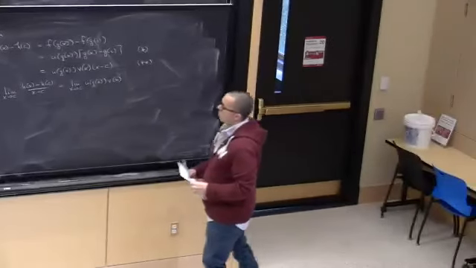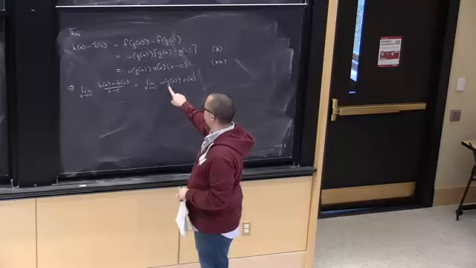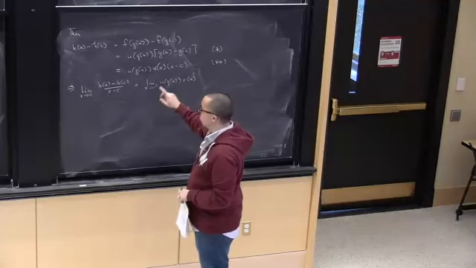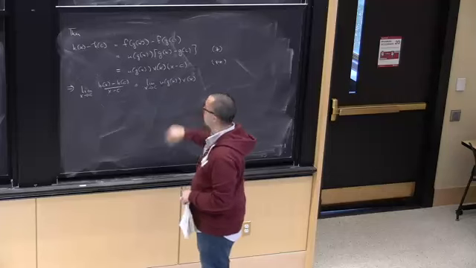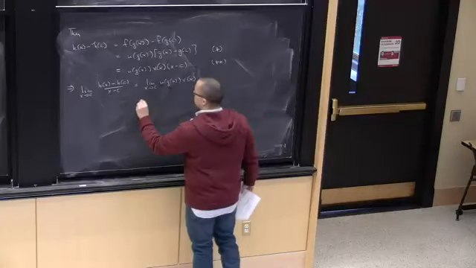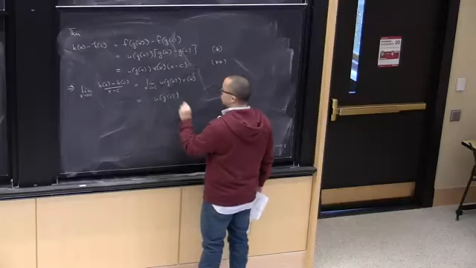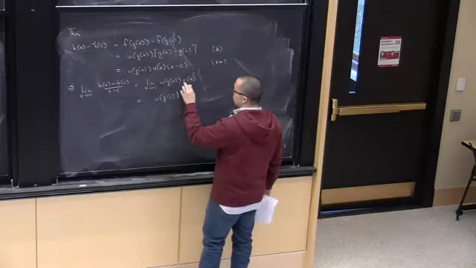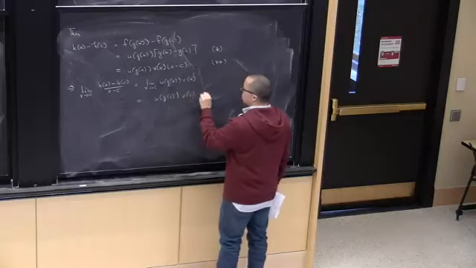Now, u is continuous at g of c, g is continuous at c, and we proved that the composition of two continuous functions is continuous, right? So this equals u of g of c. And v of x we've proven already, that limit is v of c.